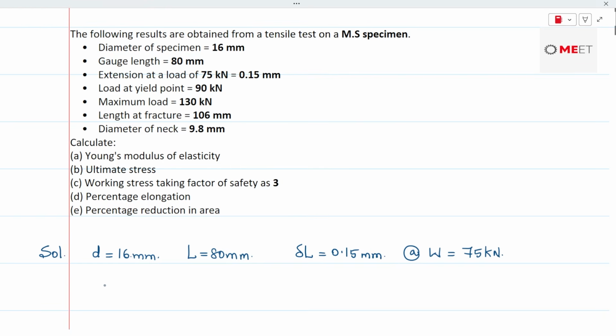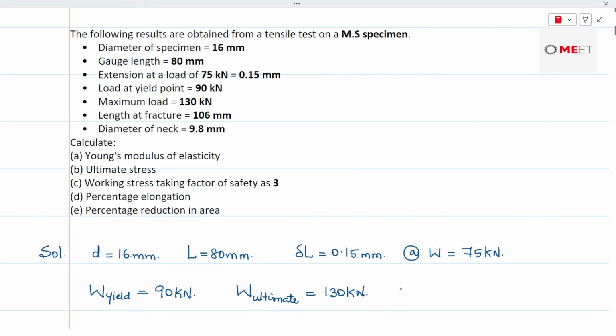Load at yield point, let me write it as W subscript yield equal to 90 kilonewton. Maximum load is actually the load at ultimate stress, that is W ultimate equal to 130 kilonewtons.